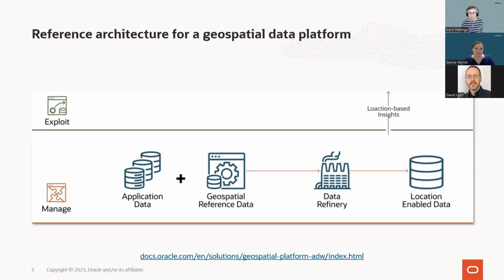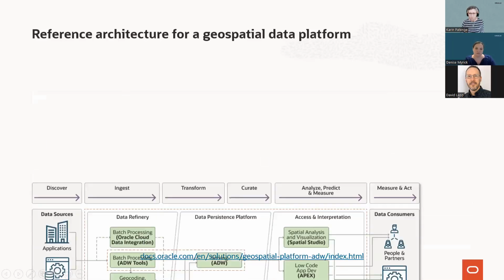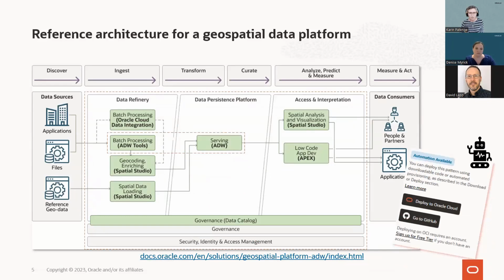You can see the logical view of that reference architecture in the picture here. Going forward, you see here which services are used to build the geospatial data platform. And at the center of this geospatial data platform is an autonomous database.